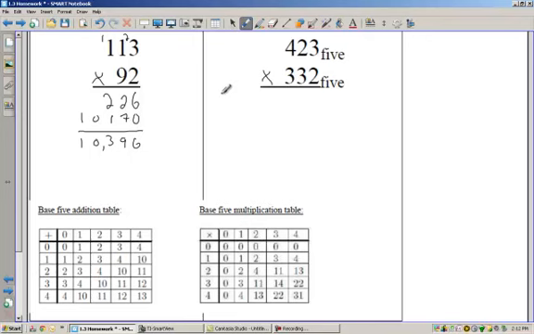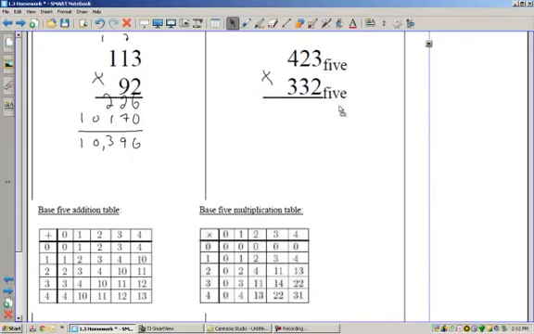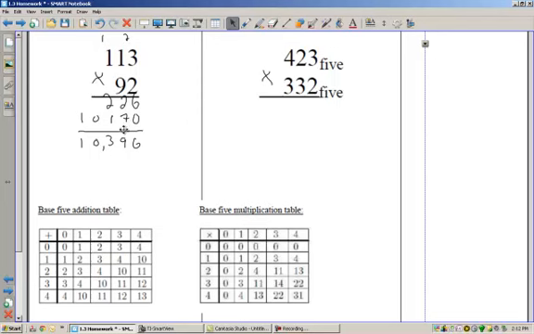Okay. Now I want to do this one over here. All right. So on this one, I'm going to move this down a little bit because you'll see that we need to do this here. Let's see.